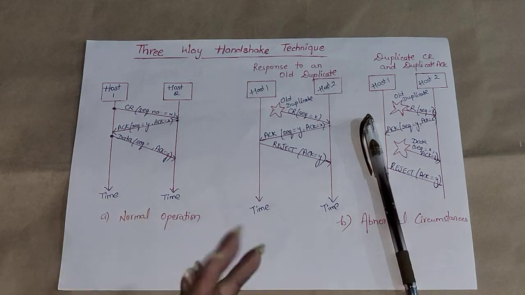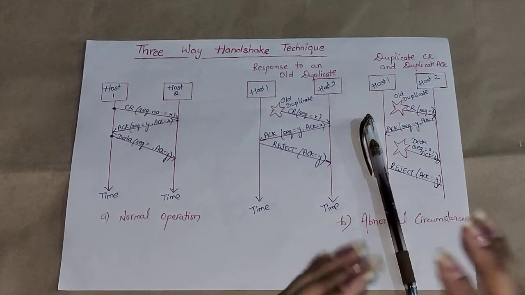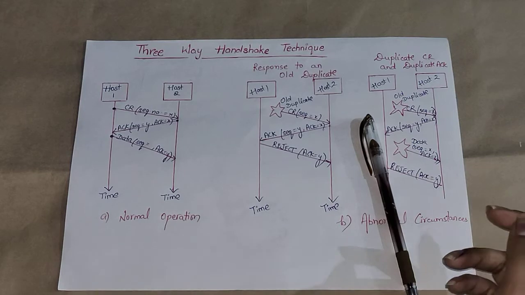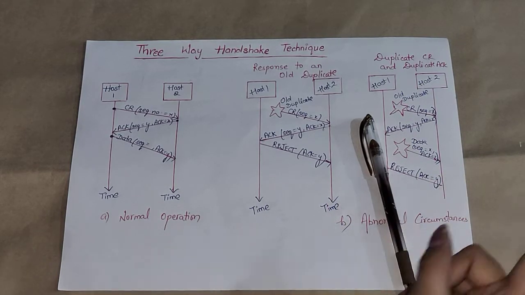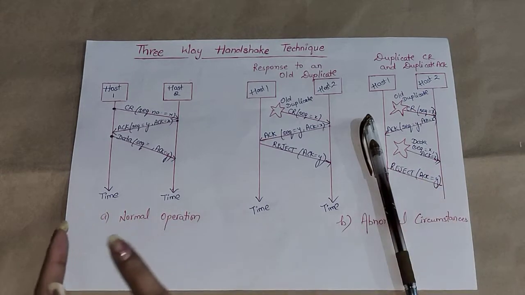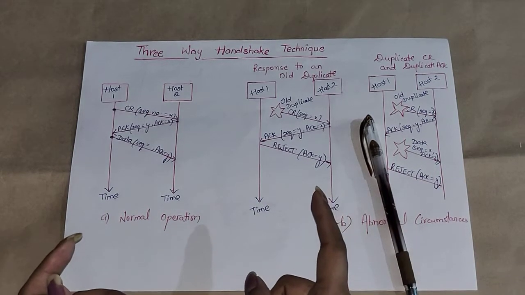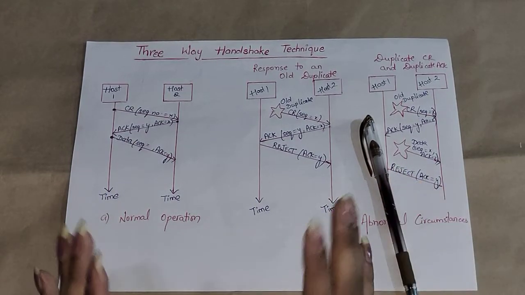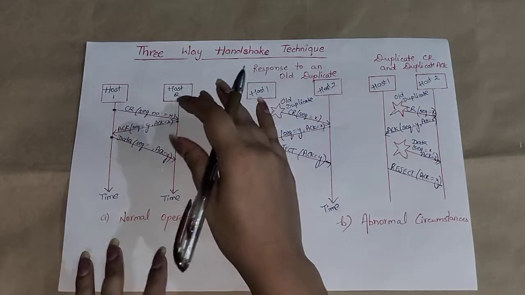So three-way handshaking in terms of network would be, if host A is asking to set up a connection with host B, then it will send a connection request message to host B, and then host B, if it is ready, will send an acknowledgement back to host A. Then host A will again send an acknowledgement, or it will send data to B. This is three-way handshaking.